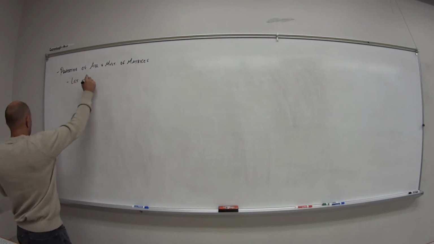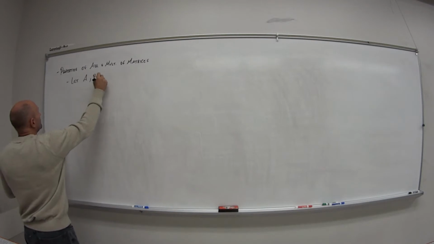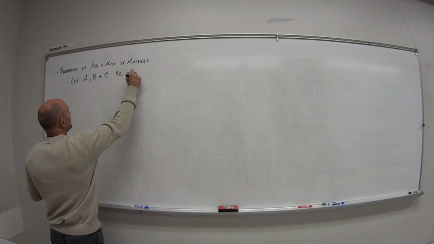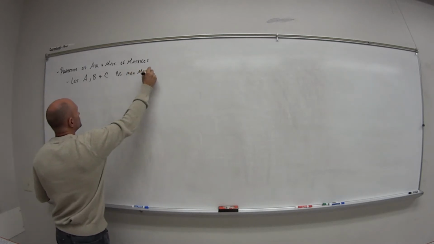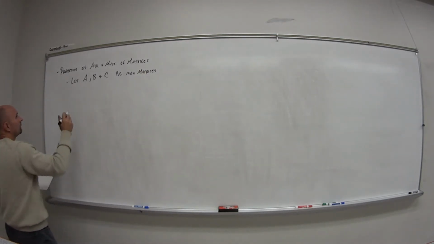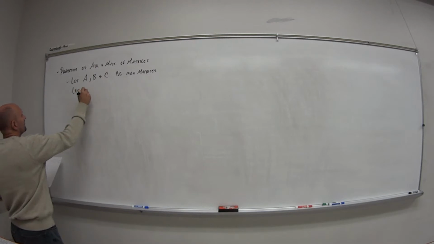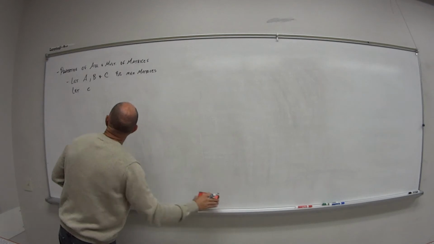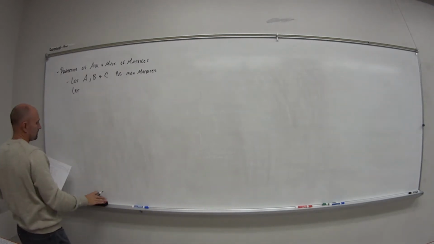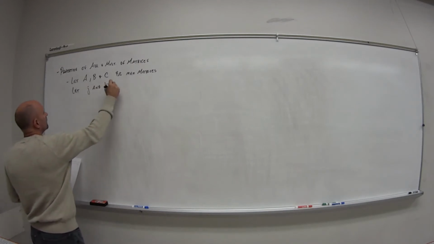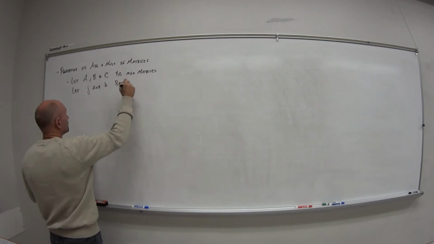Let A, B, and C be m by n matrices, so they're all the same dimension, which we know we have to do in order for addition and subtraction. And then let's use J and K be scalars.